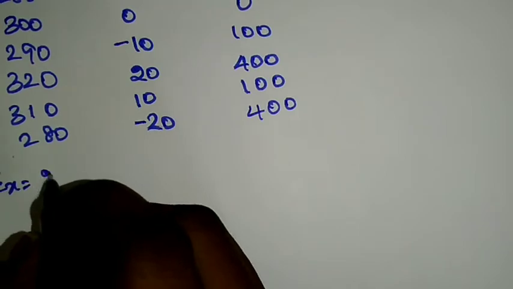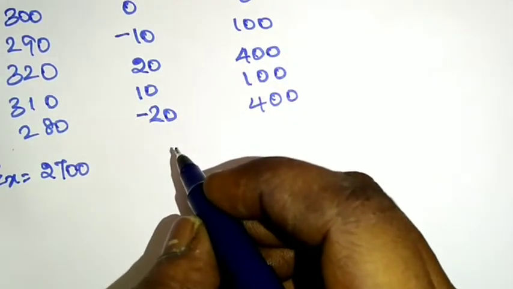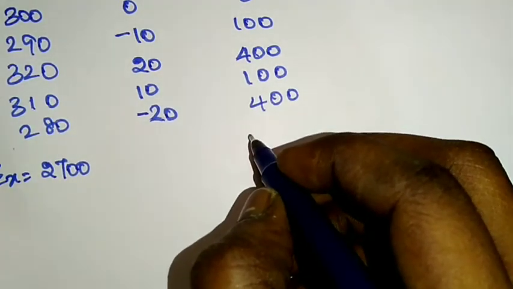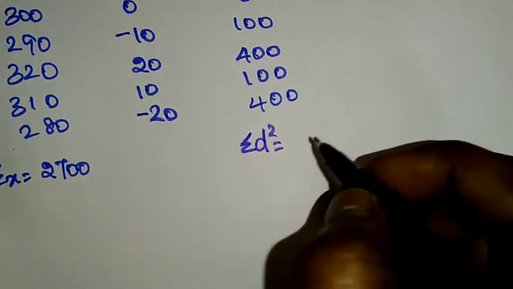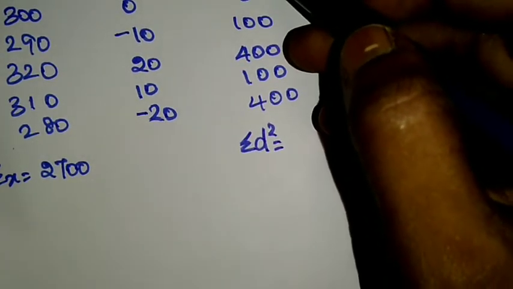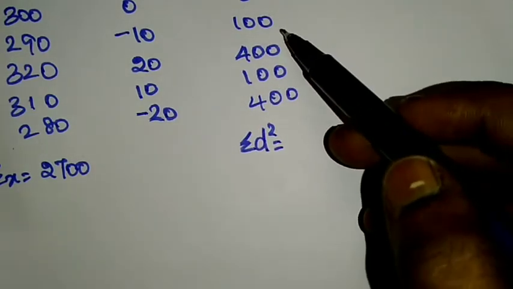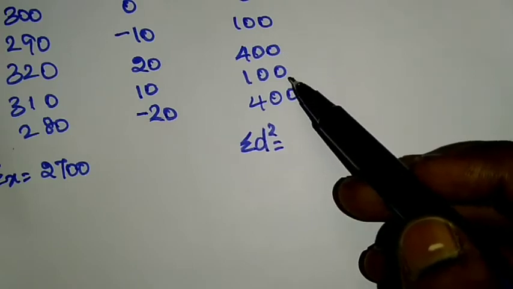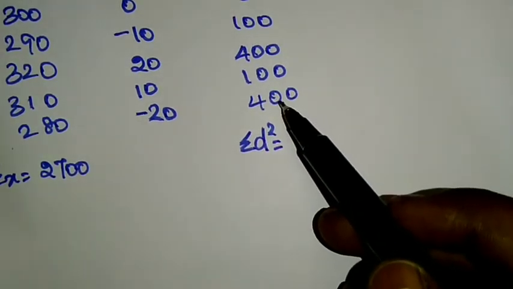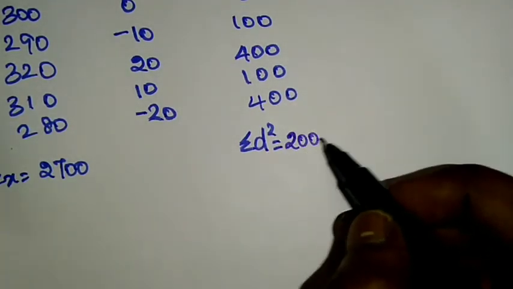Here we know summation x is equal to 2700. Now we have to find summation d square. Summation d square is equal to 100 plus 100, 200, plus 400, 600, plus 400, 1000, 1100, 1500, 1600, plus 400, 2000. So 2000.